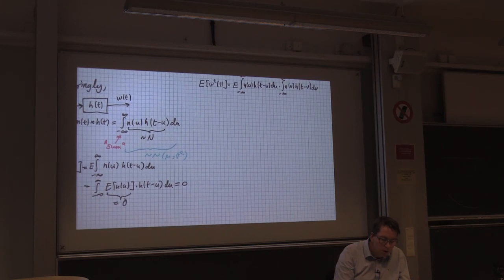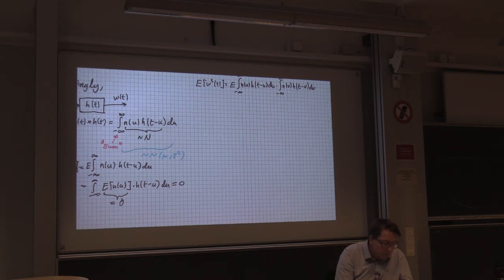Now we make this into a double integral and collect all the randomness, which is n of u and n of v. So we have an integral from minus infinity to infinity, and then another integral from minus infinity to infinity.